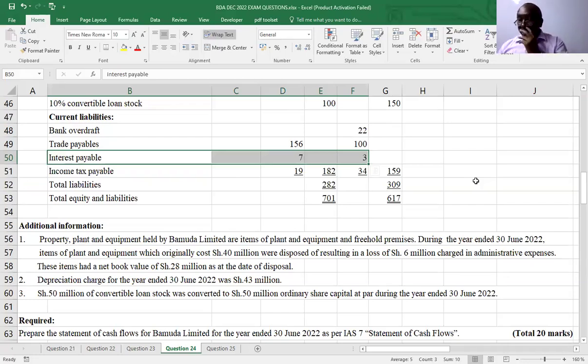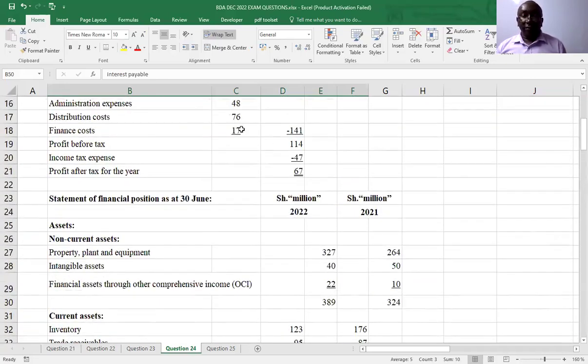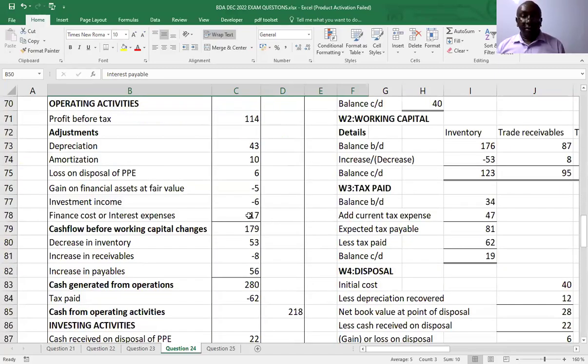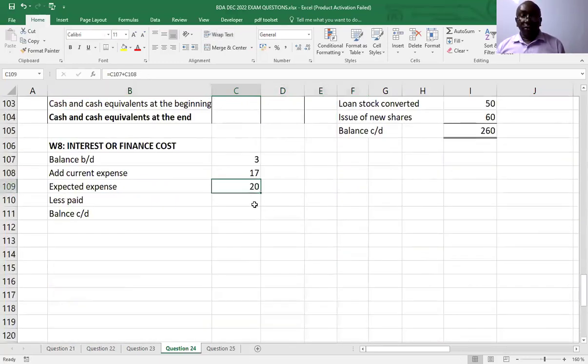Alafu sasa hii the current unaweza ichukua hapa. Hii 17 hii. Ama uichukue kwenye tulikuwa tushaweka hapa. So that's when nimeichukua. So bring them there, uniambie kama umefika kwa 20. 20 is you add those two.